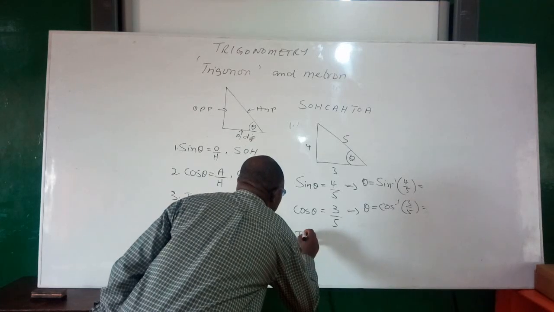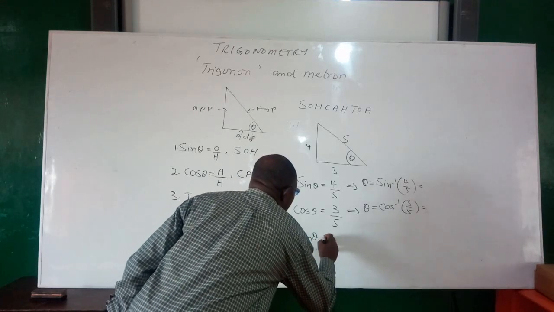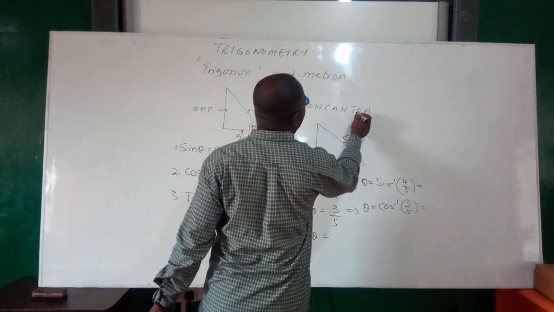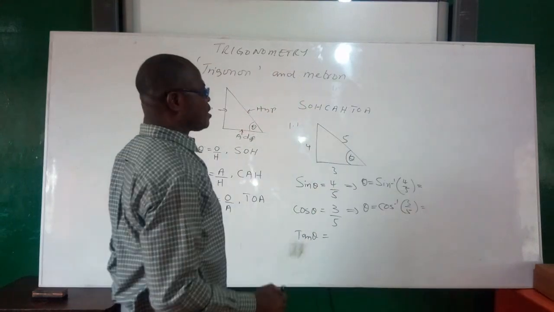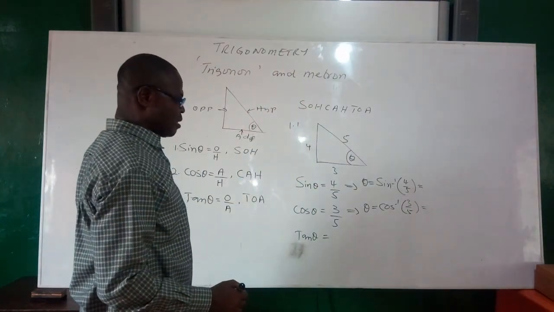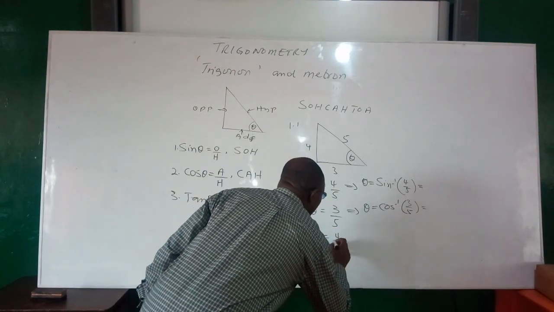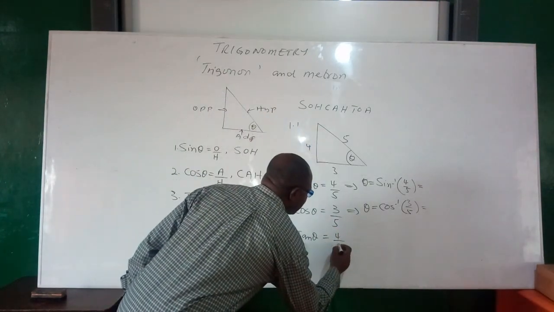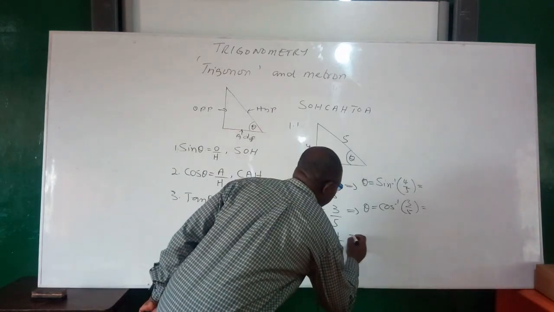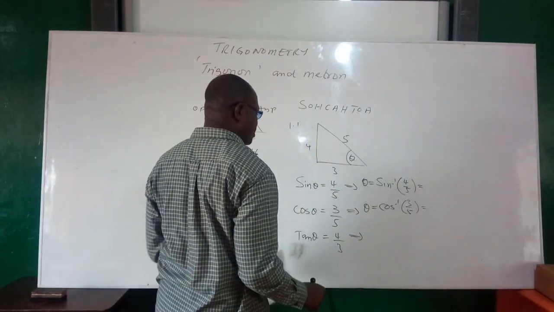Let's find tan also of the same angle. Now, tan theta is opposite over adjacent. Opposite is 4 and the adjacent is 3. Let's find the tan inverse of the angle.